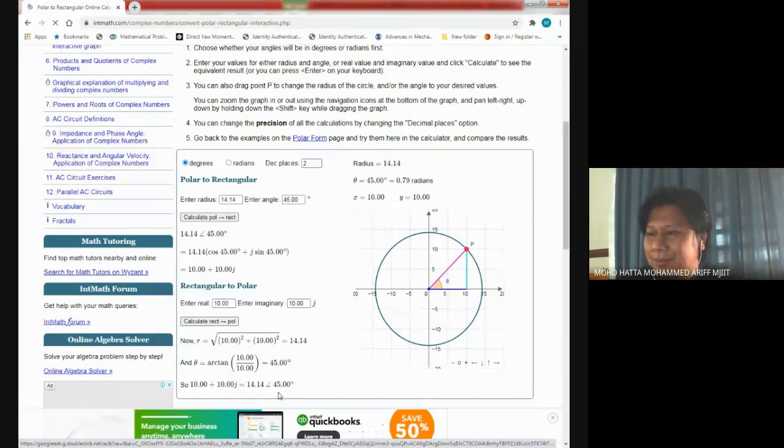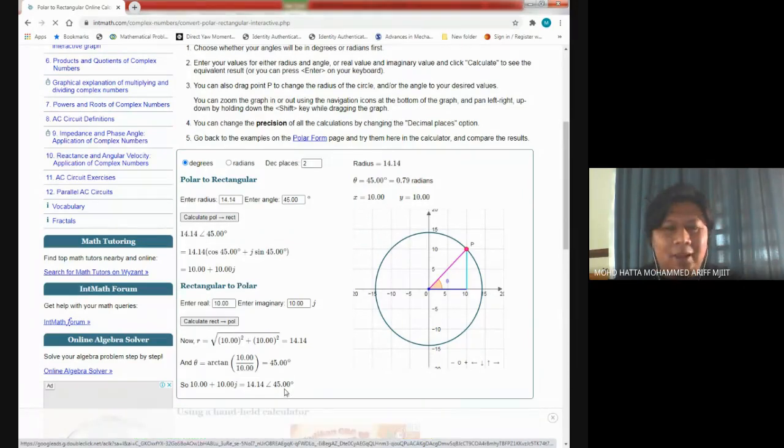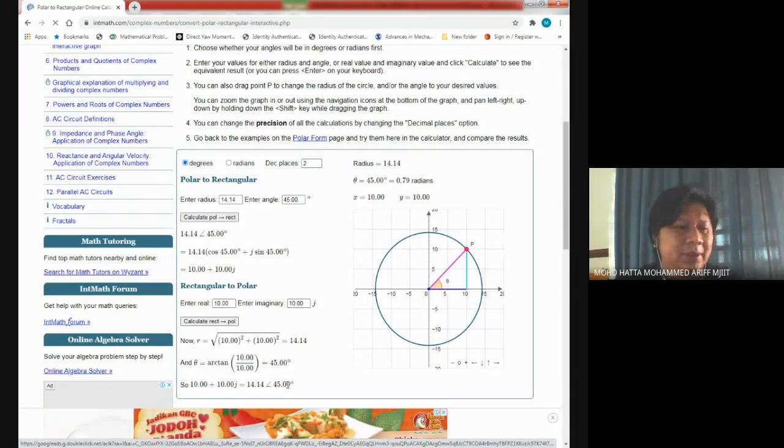It will straight away give you the answer. What is the R value? R is over here, and the phase value is over here. It's very easy. And also in your calculator, if you have advanced calculator, maybe mine is not that advanced. Maybe mine is just old version of Casio scientific calculator.